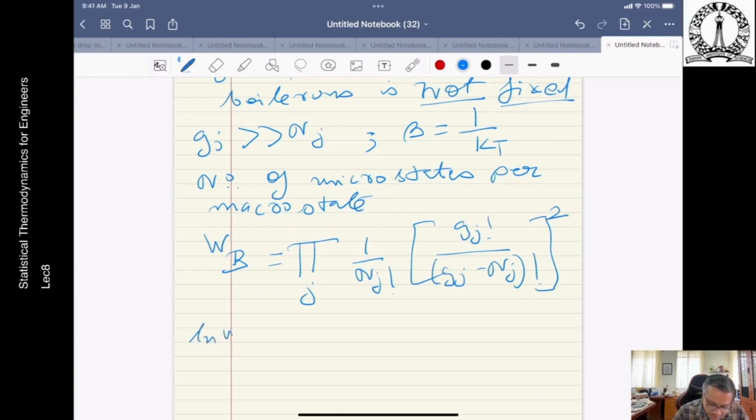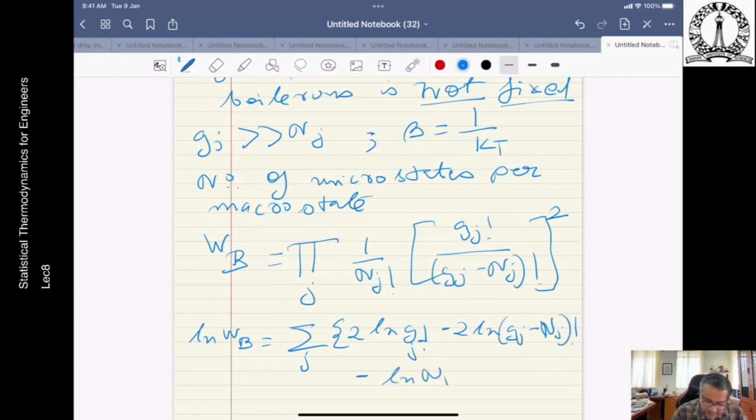Now if you take a log of Wb, you now have a summation going over j and this 2 comes out, 2 ln Gj factorial minus 2 ln Gj minus Nj factorial minus ln Nj factorial.